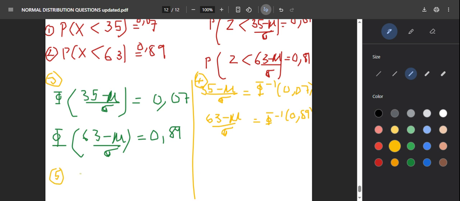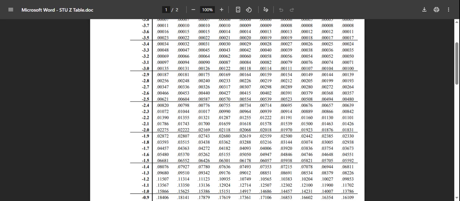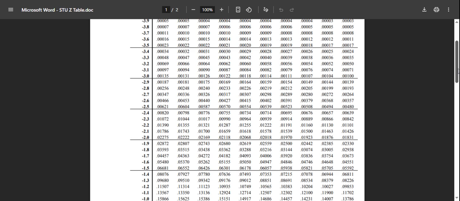Now, we then say (35 minus mu) over sigma is equal to, now what is arc phi of 0.07? Let us go to our normal distribution table. Now, you look for a point that is closest to 0.07.